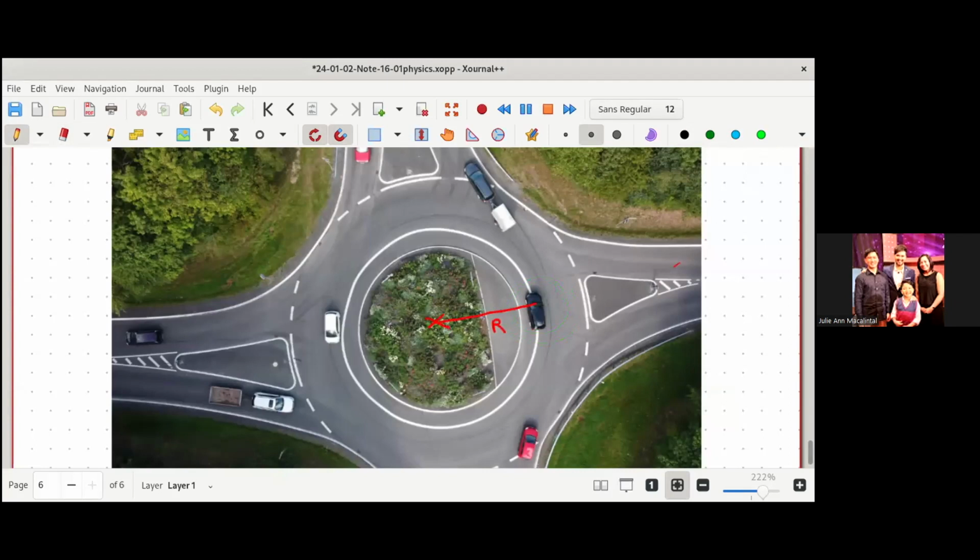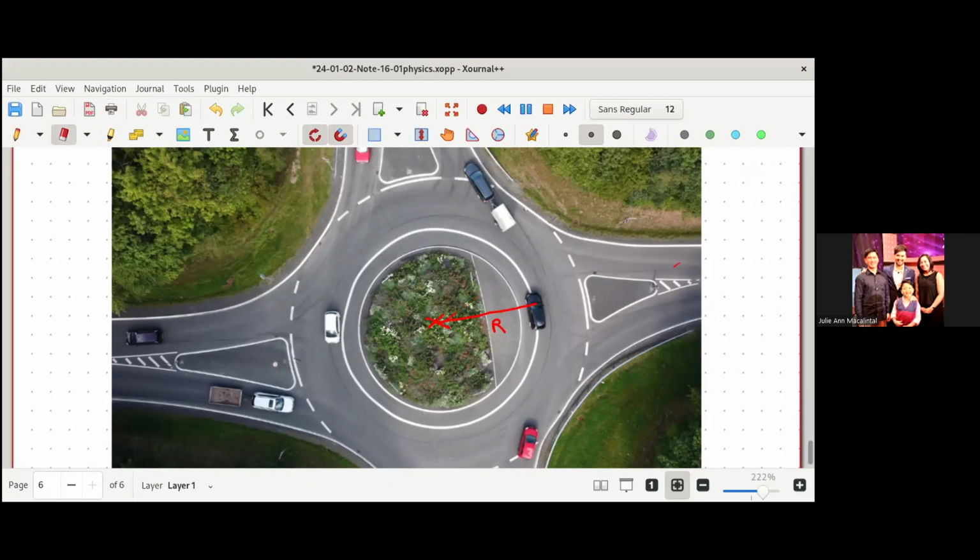So, if a car is nandito sa edge na to umiikot, yung radius na ginagamit niya, ito. Mas malapit sa center ng roundabout, mas maliit yung radius.